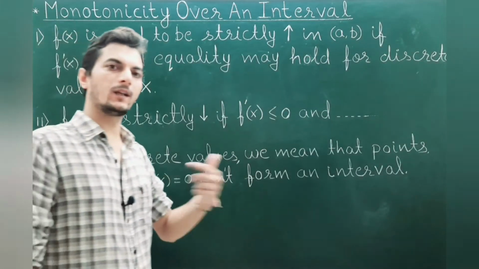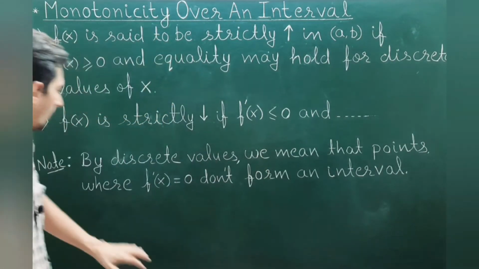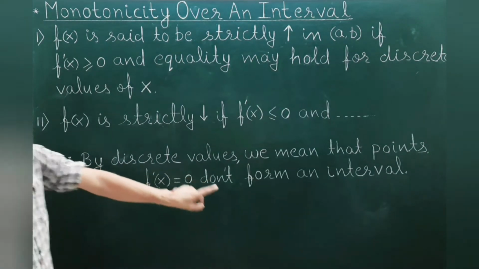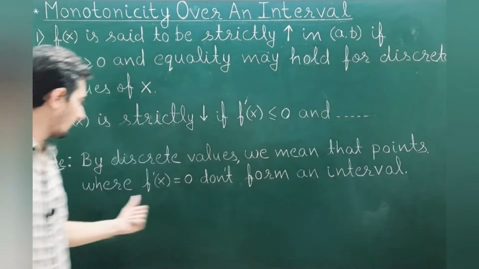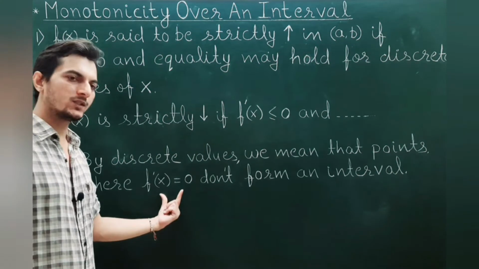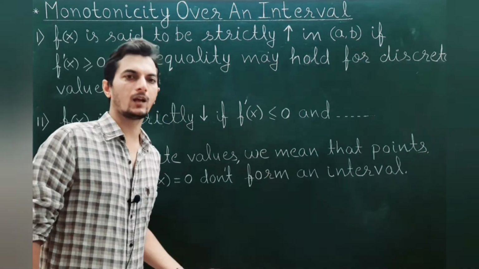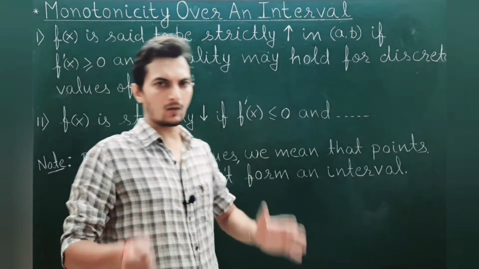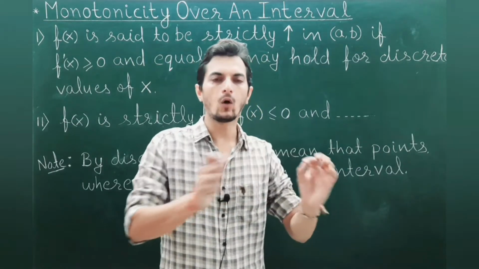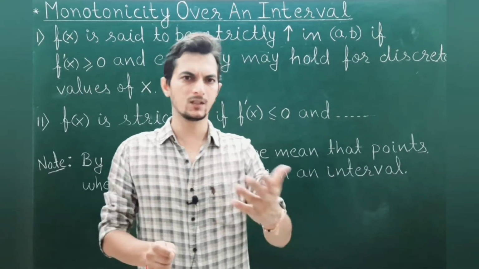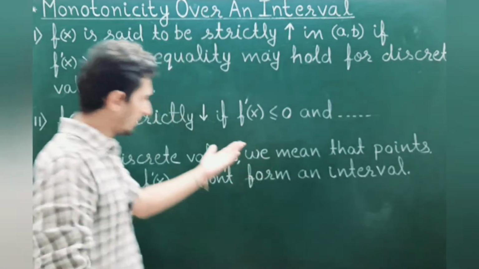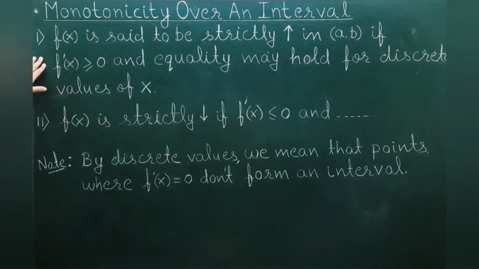By discrete values we mean that the points where f'(x) is equal to 0 don't form an interval. They must not form an interval or collectively a large number of points, which is an interval only, right? So it is the simple point for strictly increasing.